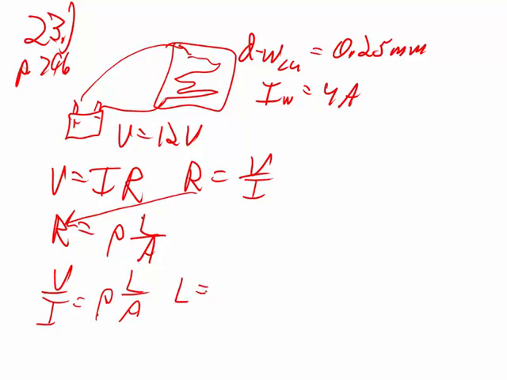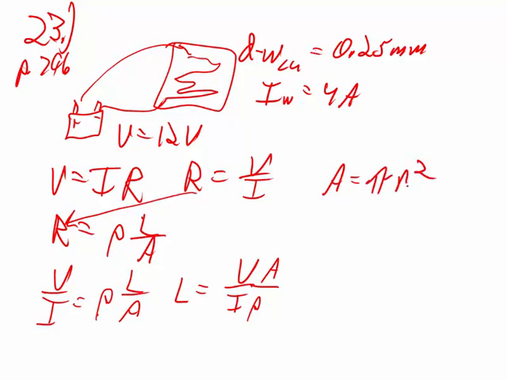So the length of the wire is equal to the voltage times the area, divided by the current times the resistivity. Now you say, well, what is the area? Since this is a wire, the area of a wire is pi r squared.